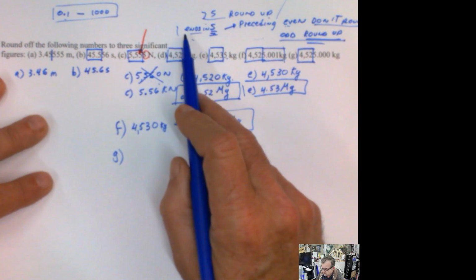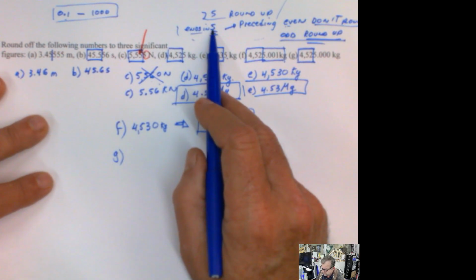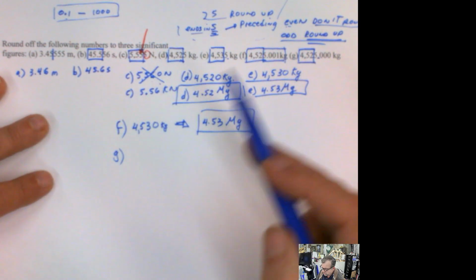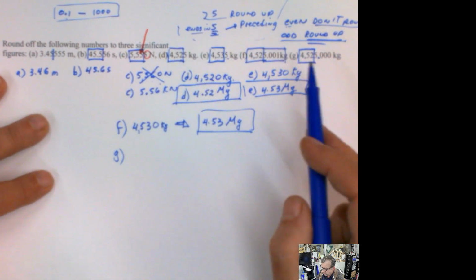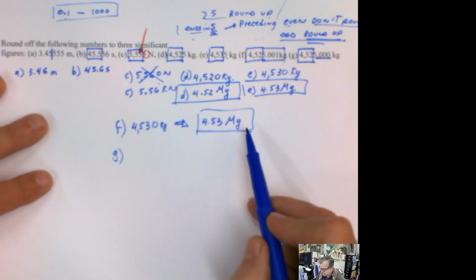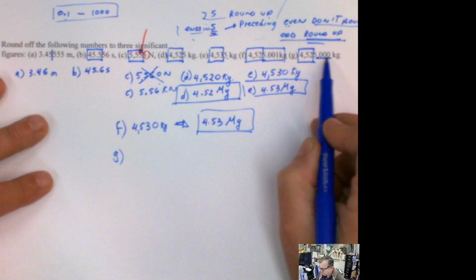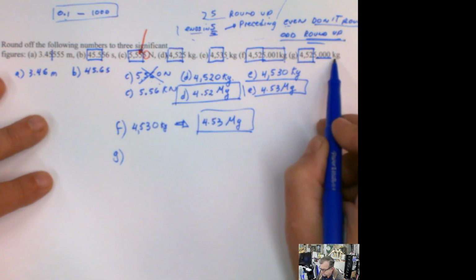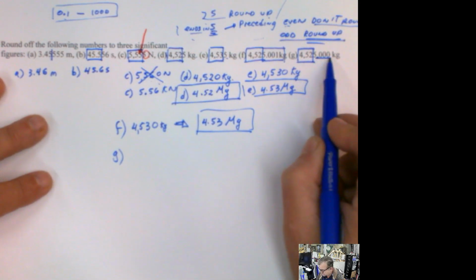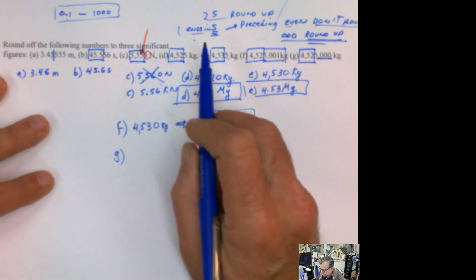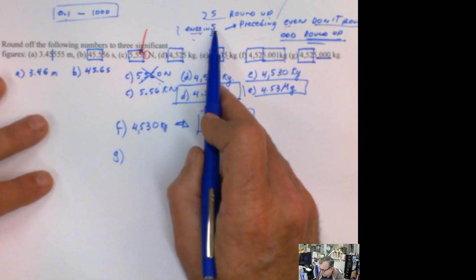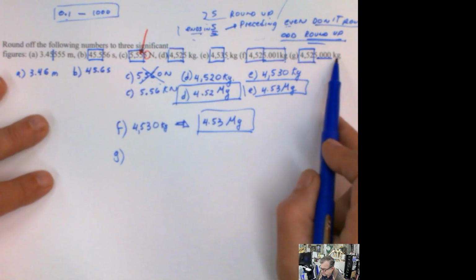Now the rule is, if the number ends in 5, or 5 followed by all zeros, all of them. If I have a 1 here at the end, that doesn't apply because that wouldn't be all zeros. So it's 5 followed by zeros, the number ends right there. So this rule applies. Ends in 5 or ends in 5 followed by zeros.